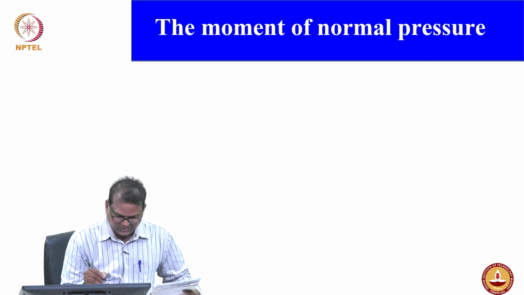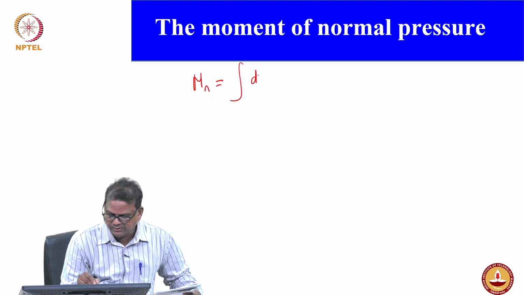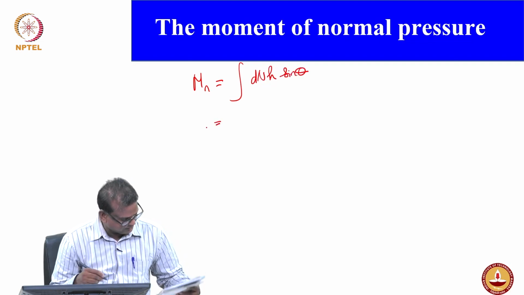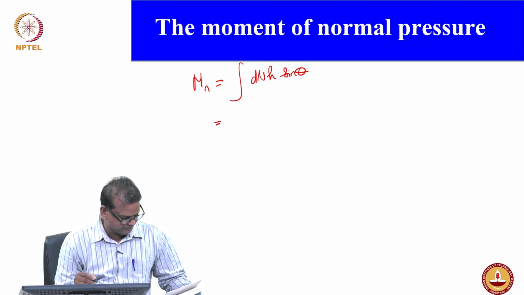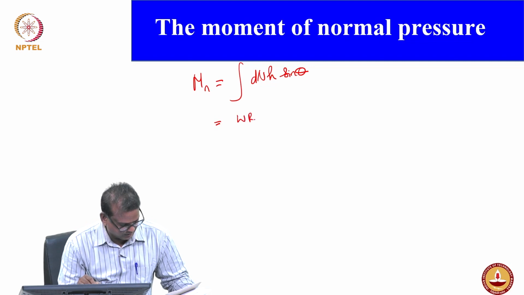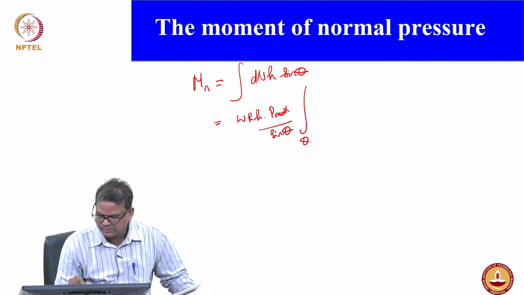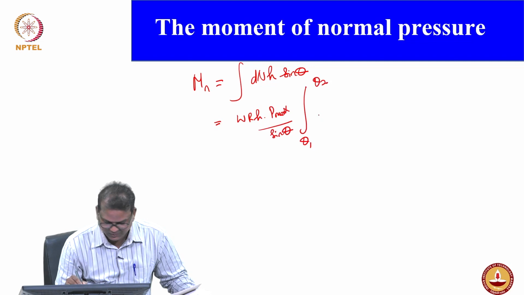Again, the moment of normal pressure Mn is given by the standard equation, dn h sin theta. From there we can get it as W R h p max, integral of sin square theta d theta from theta 1 to theta 2. This is the equation.